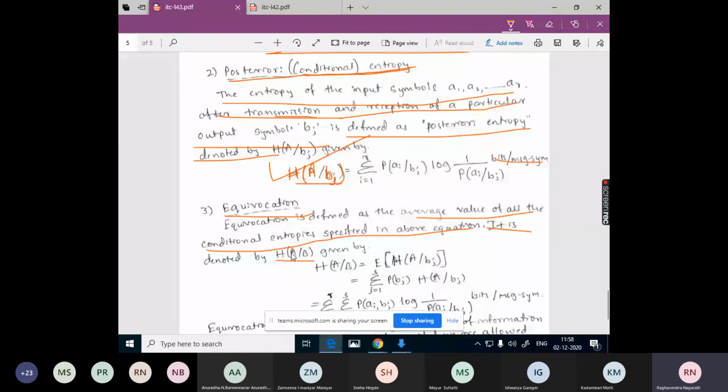We have transmitted an input symbol and the receiver has received an output symbol. So in general we are calculating the average value.